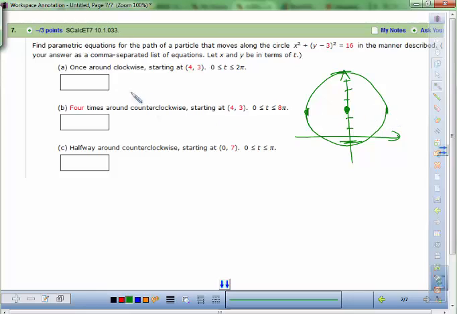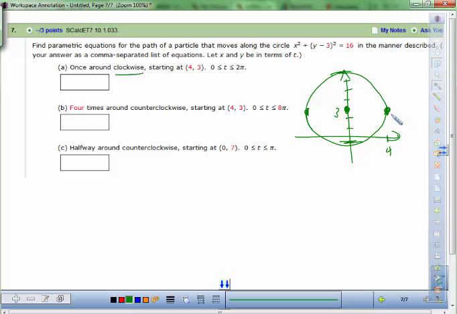And the first one, once around, starting at the point 4, comma 3, which happens to be our usual starting point for the circle. If you look at our circle in standard position, we start at the point 1, comma 0, and then we rotate around counterclockwise. So we want to rotate clockwise this time.